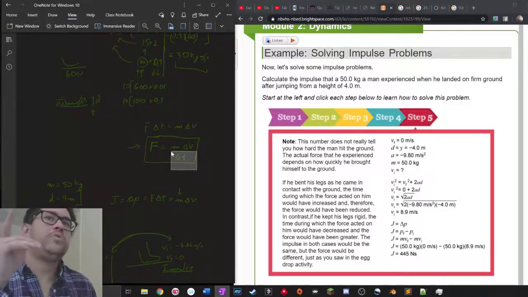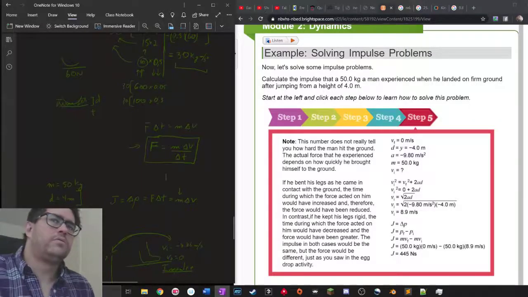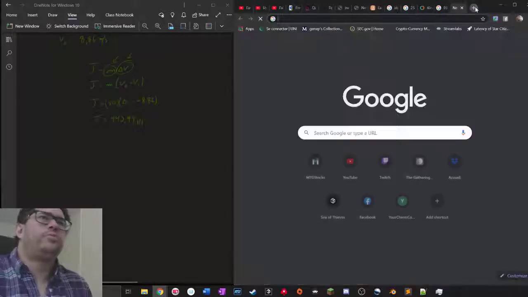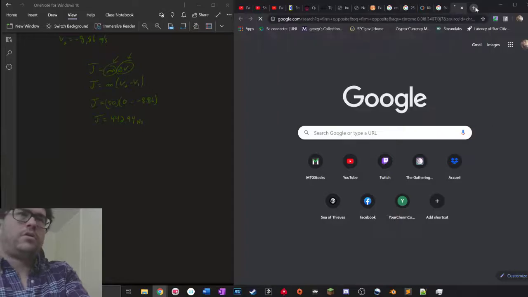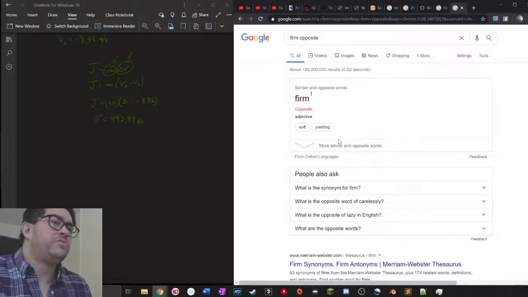And from that time, we would have said, oh, that's a firm ground, or that's a very bouncy ground. That's the opposite of firm. Soft, very soft ground, very yielding ground, soft ground.